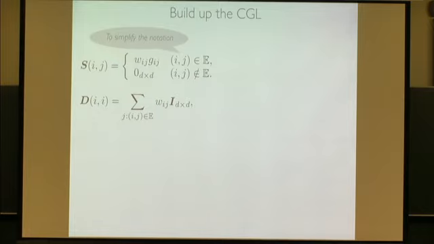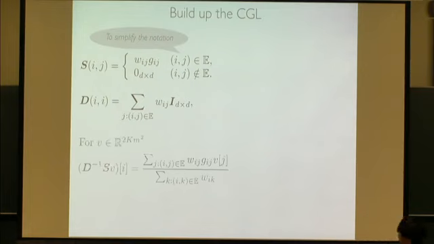Here I simplify the notation a bit. You build up a big matrix S, and in this example it is Km squared by Km squared complex matrix. You put Wij Gij in the ij entry if there is an edge and 0 otherwise. And you define the weight matrix D, which is diagonal, the summation of all the weights on the neighbors.